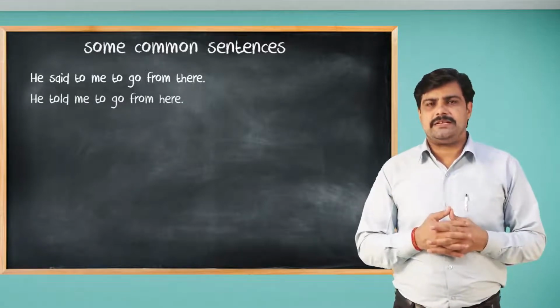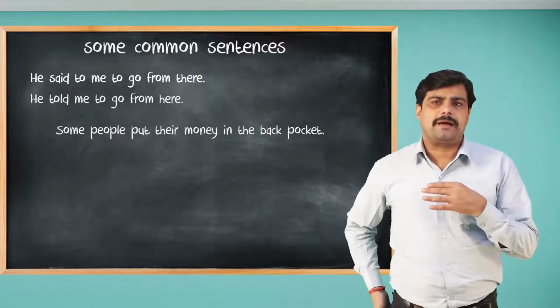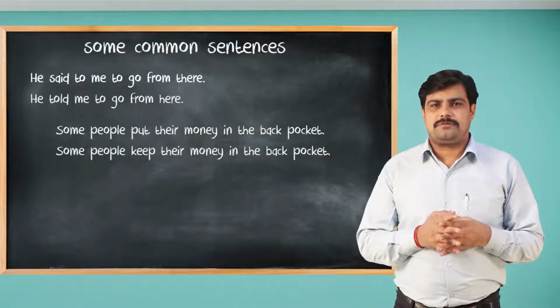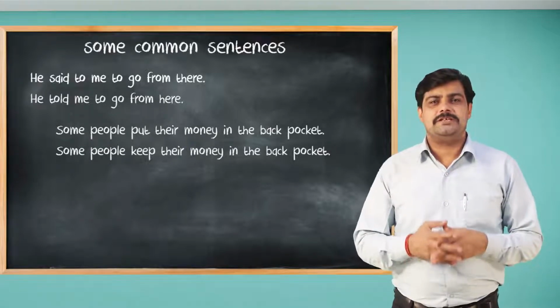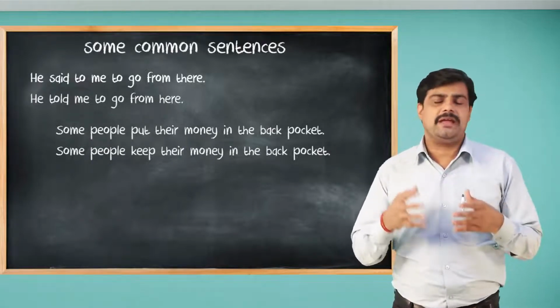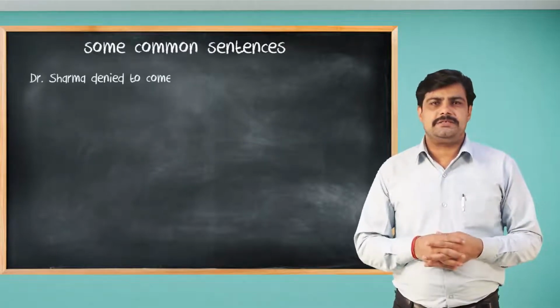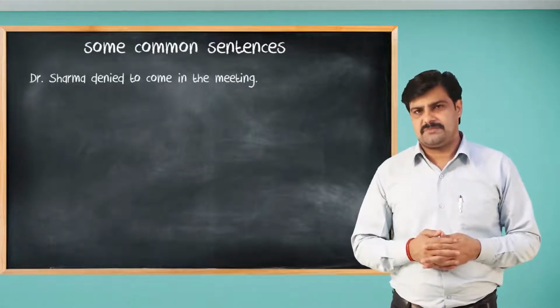Now in another sentence, you see, "Some people put their money in their back pocket." Now the sentence is wrong because put is the wrong verb here. We should say, "Some people keep money in their back pocket." Now let's take another sentence. "Dr. Sharma denied to come in the meeting."